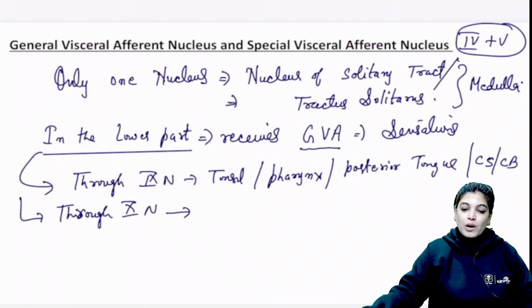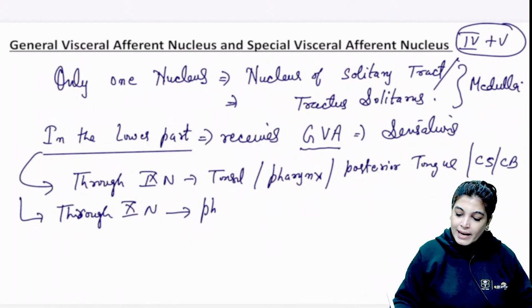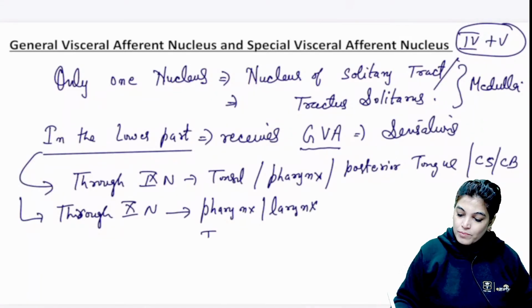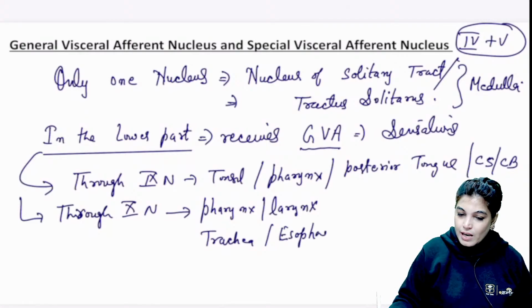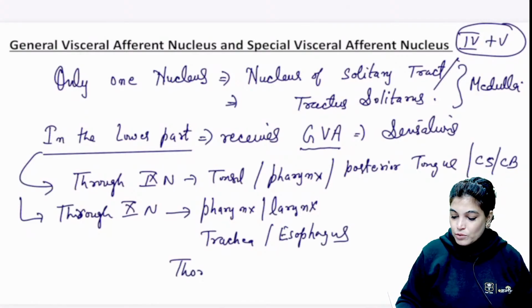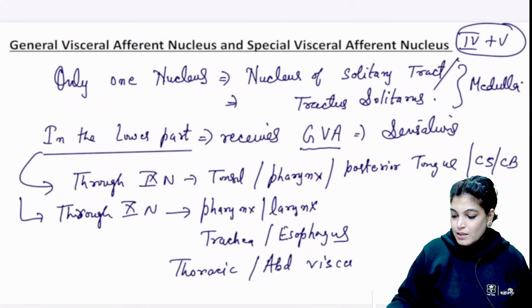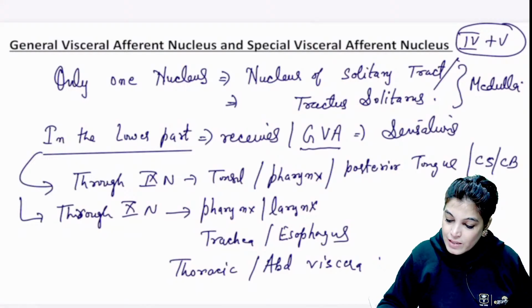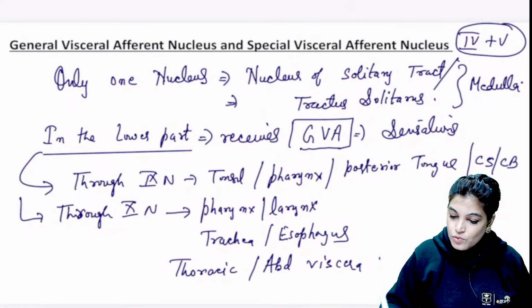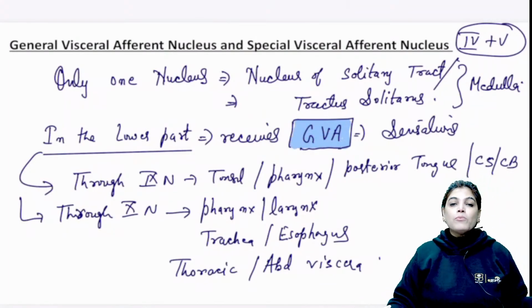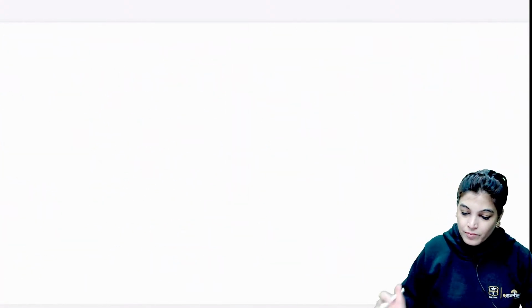From the pharynx, larynx, trachea, esophagus, and also from thoracic and abdominal viscera. So this was about general visceral sensation. I will use blue color for it because this has now become sensory, general visceral afferent.